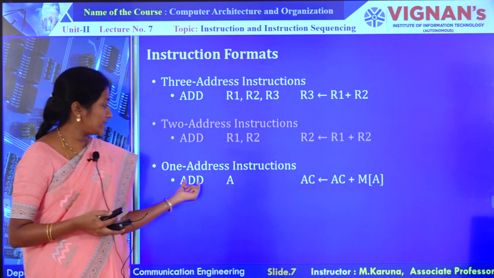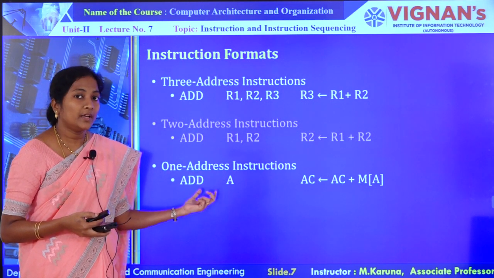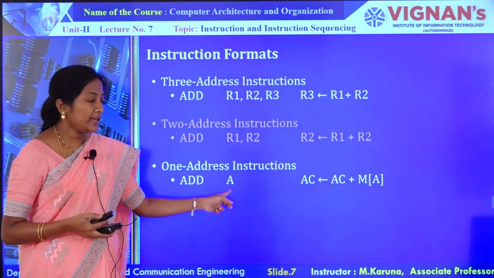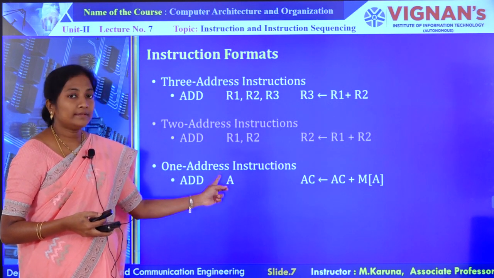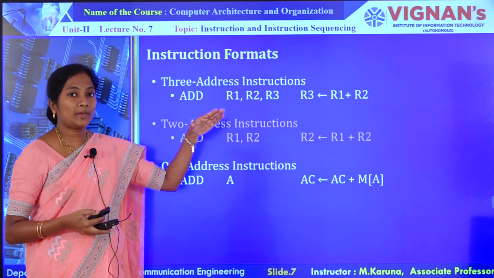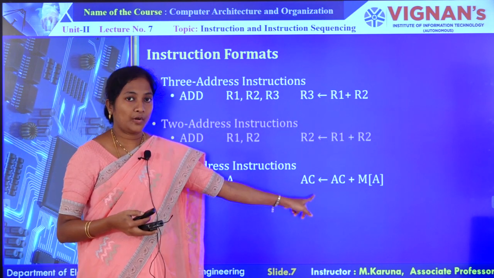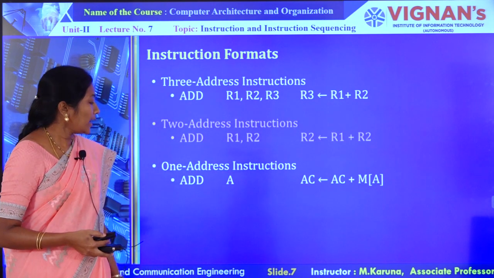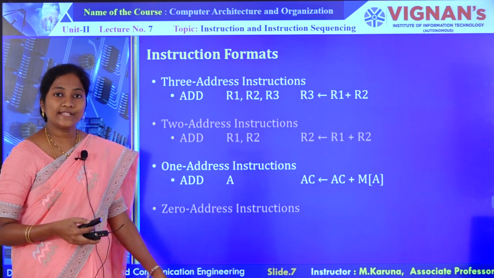Okay. So, this instruction performs the content or operand from the memory location pointed by A, which is label, and then that will be added to the content of accumulator automatically. So, the output will be stored in accumulator automatically. Okay. Next type of instruction is zero address instruction.